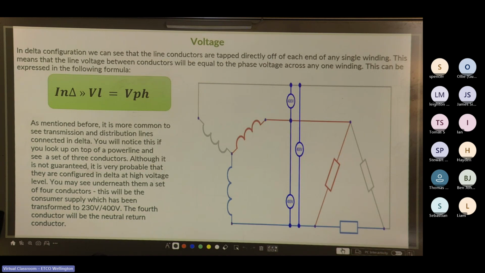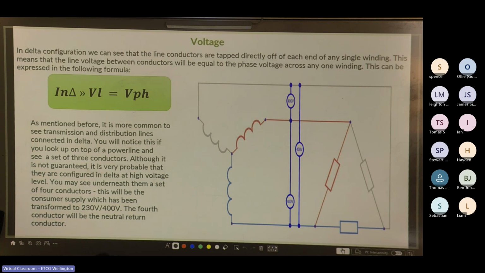So in delta, voltage line and voltage phase are the same, which is the opposite of the star, where current was the same at all times. So if you think of star as being series, so voltage is different in star, and delta being parallel, where voltage is always the same.